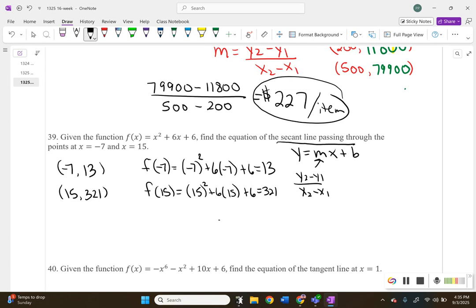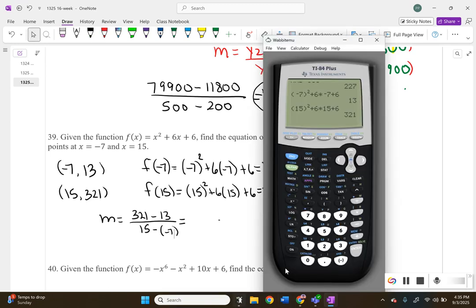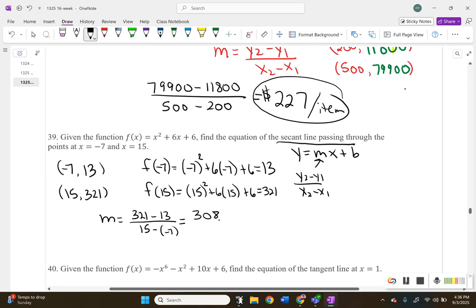So finding my slope, I'm going to have y2 minus y1 over x2 minus x1. So I have 321 minus 13, which is 308, over 15 plus 7, which is 22.